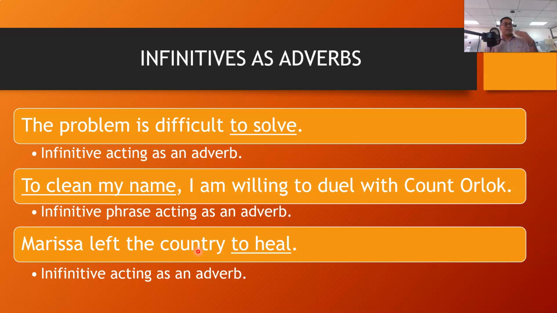They can modify, of course, verbs, which is probably the most common part of speech that adverbs modify, but infinitives acting as adverbs can also modify adjectives, and I guess they can also modify adverbs as well.